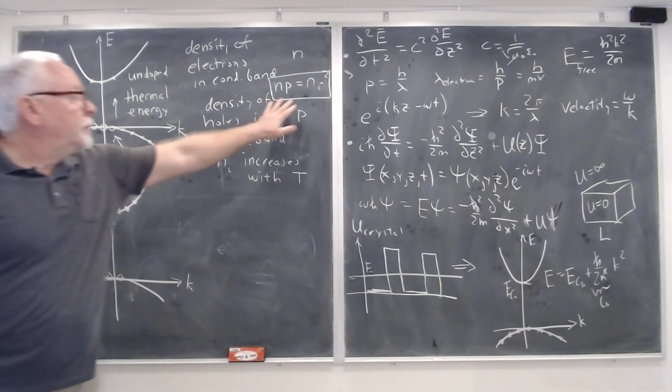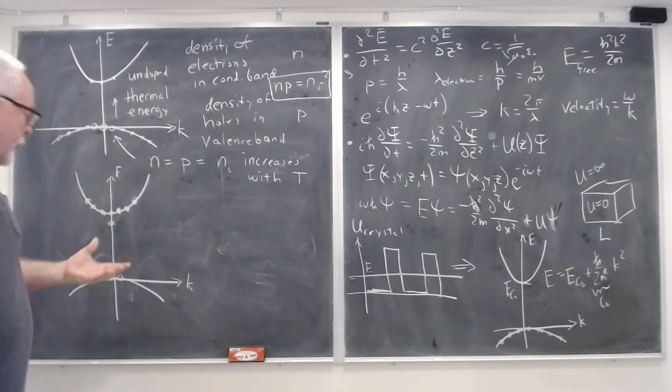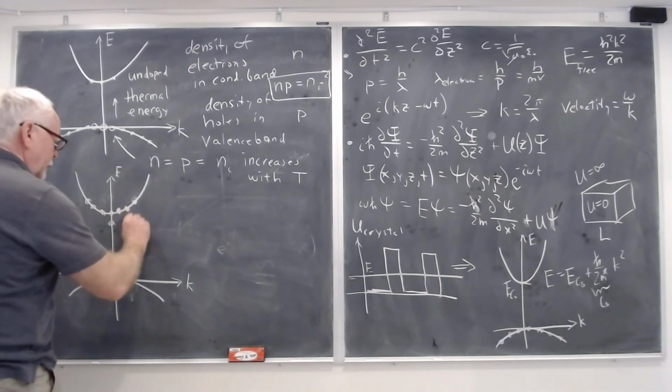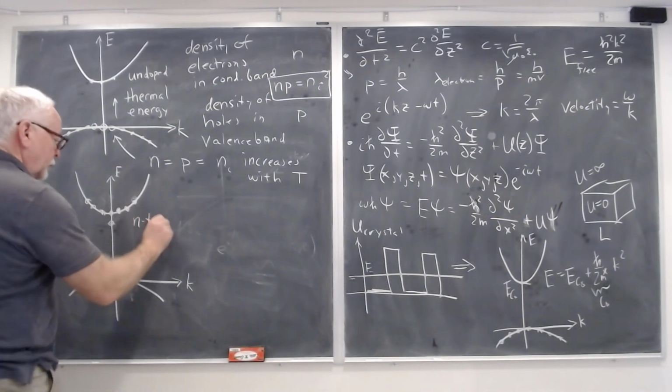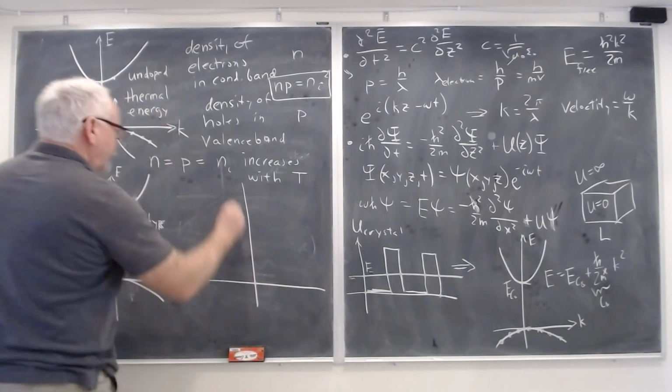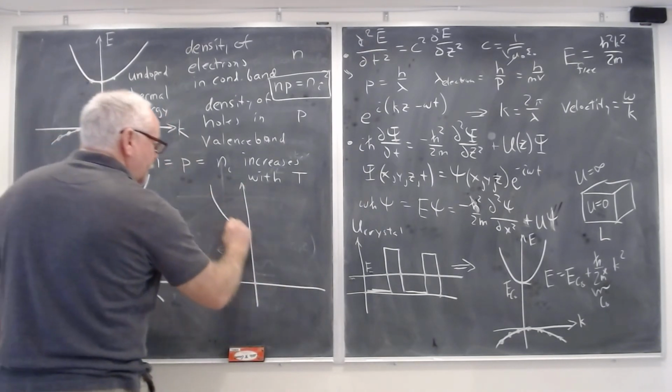So this equation means that no matter how you dope it, and this would be n-type, if I do p-type, the opposite happens.